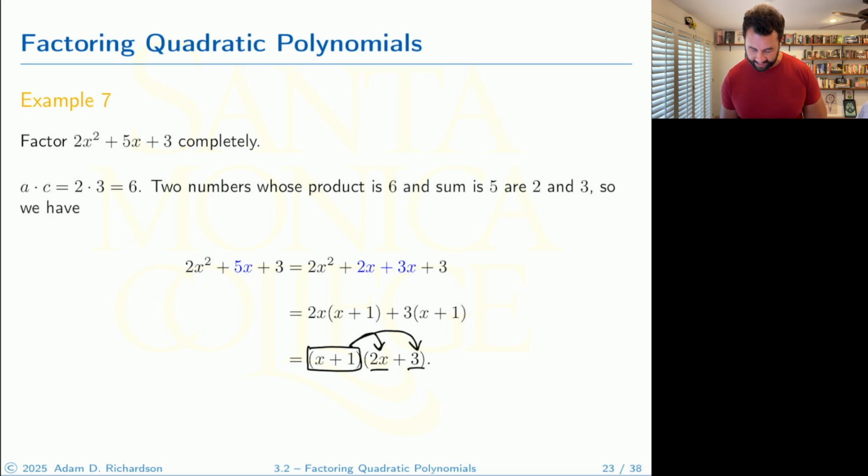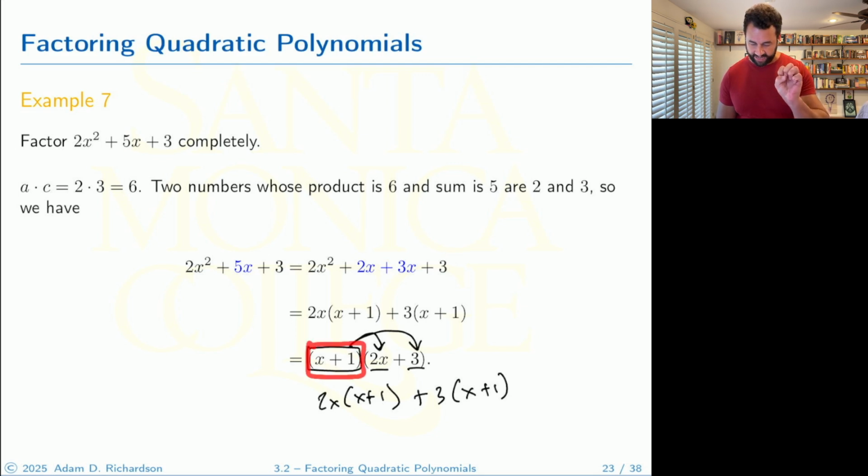When I do that, I get 2x times x plus 1 plus 3 times x plus 1. And look, that's the same thing. This is why the difference between factors and terms is so critical, because I'm taking this whole expression as one factor, right?